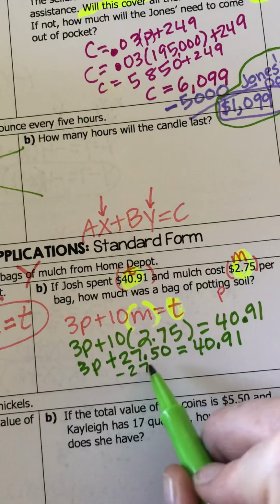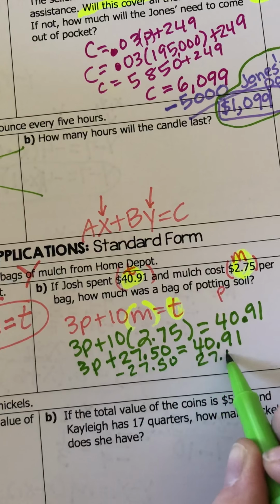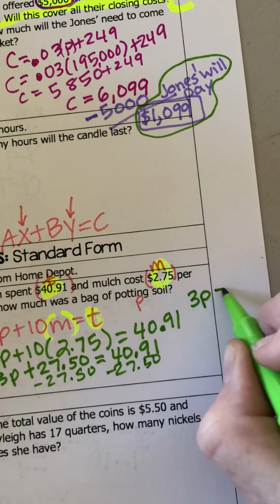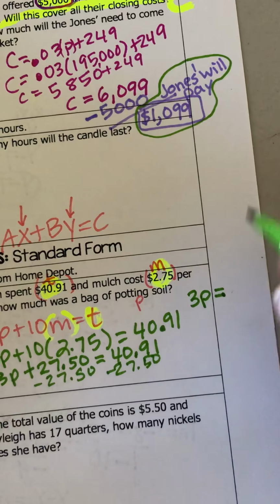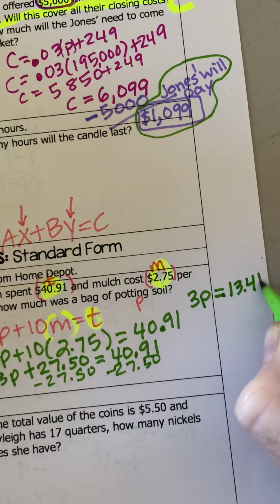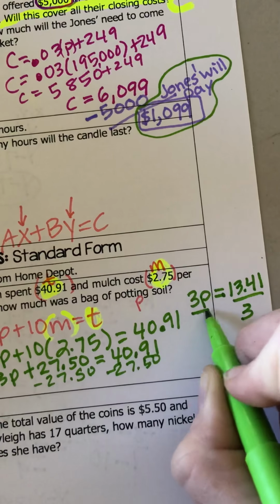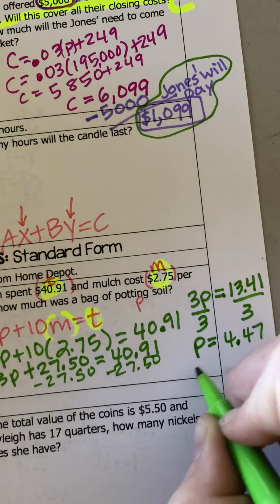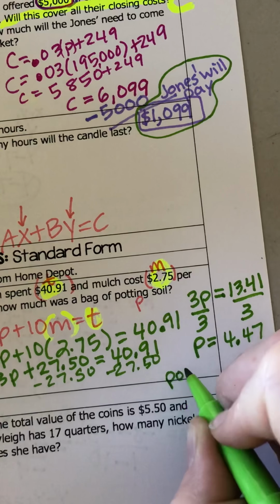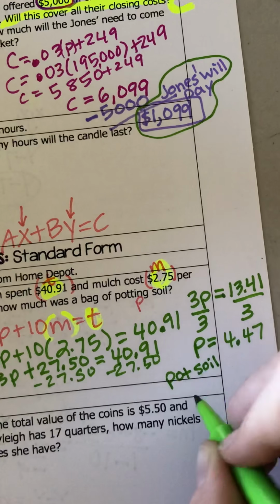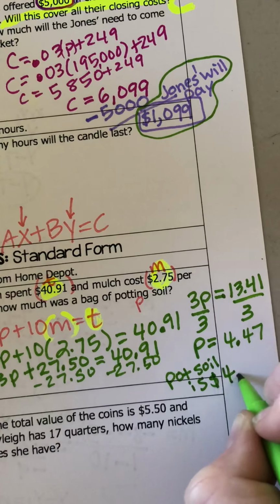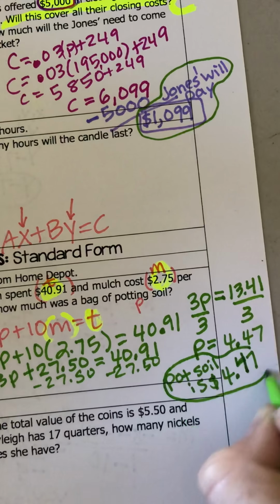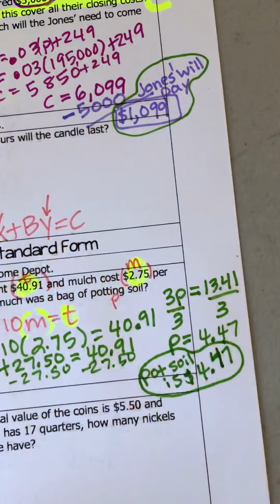Subtract your $27.50. Now 3P would equal $13.41, and divide by 3. P equals 4.47. So potting soil is $4.47. Oops, I'll just make that 4.47. There we go.